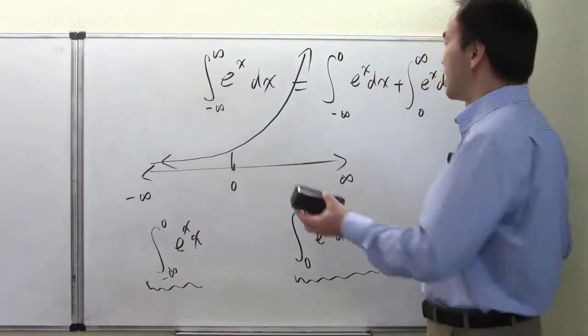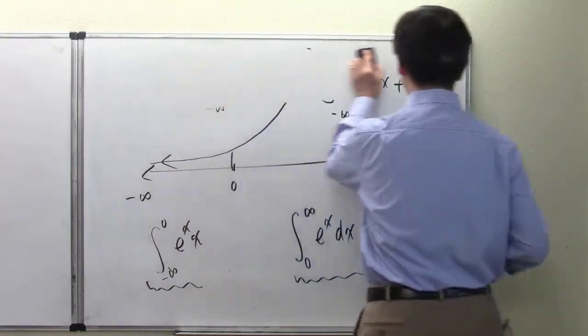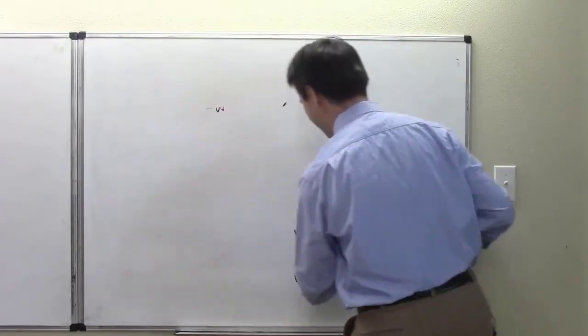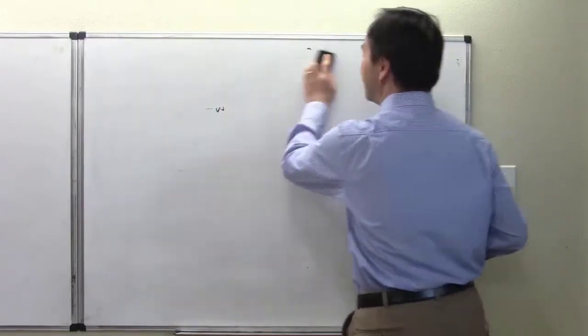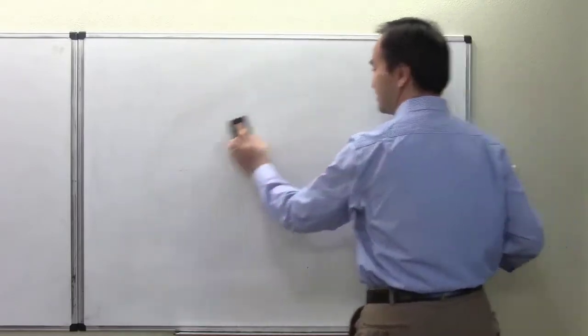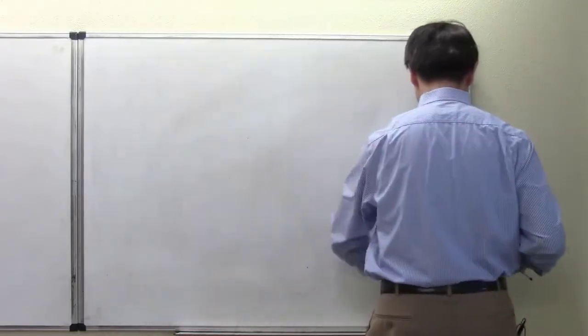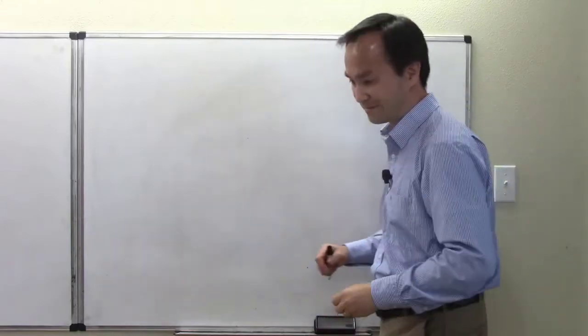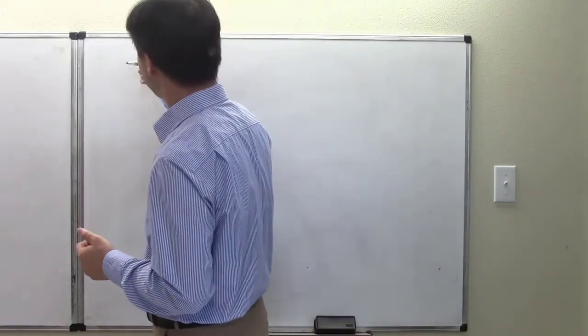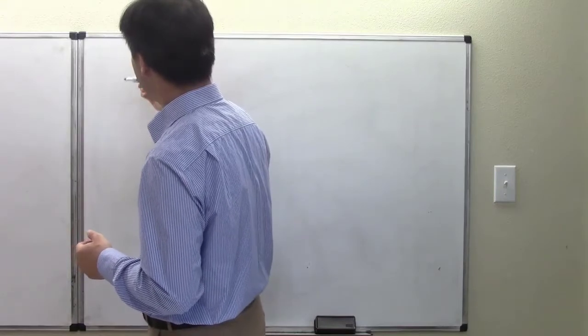So now we're going to have to apply the technique on each one of these. Okay, and so now with this problem, let's get into considering the two separate limits right here.